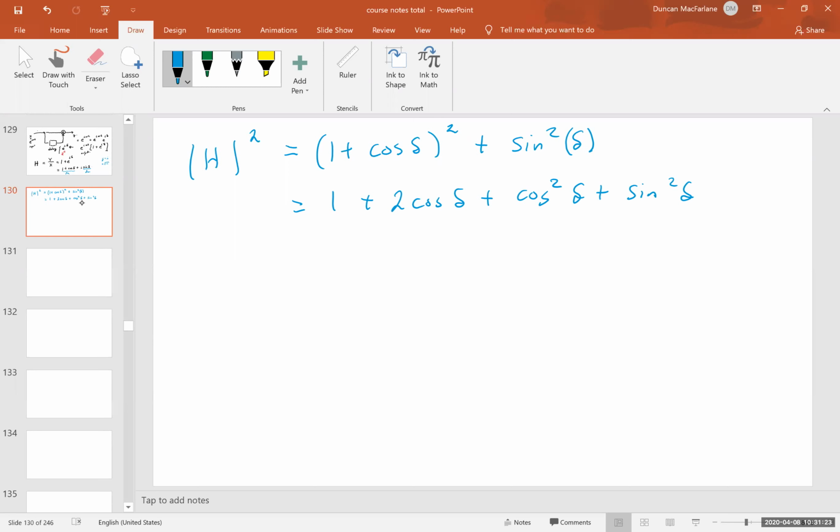Squaring the real part and squaring the imaginary part and putting them together gives me this.